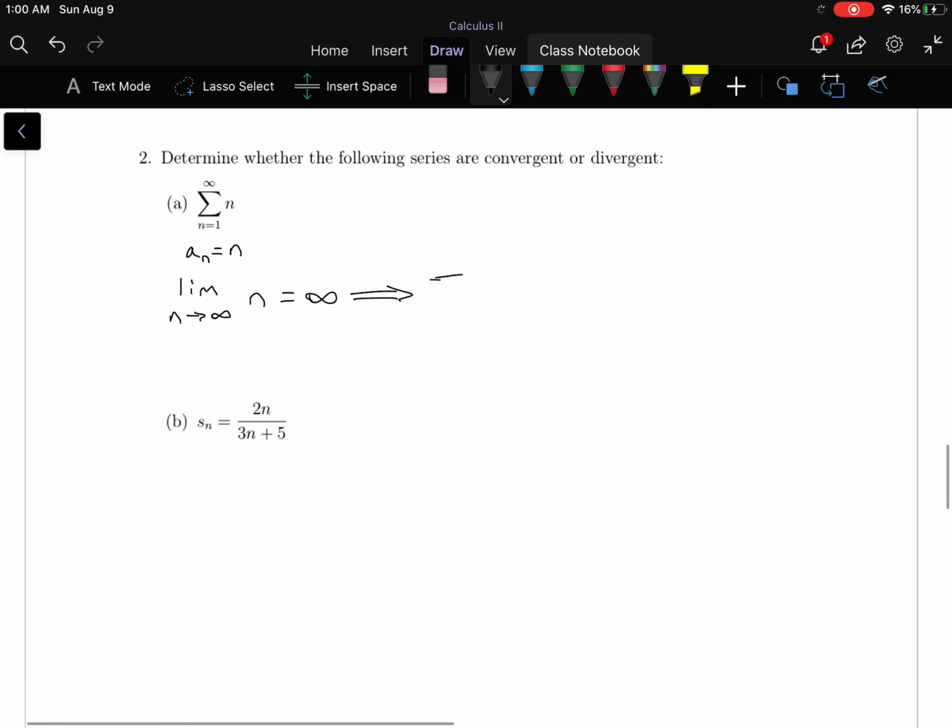And so we know that the sum as n goes from 1 to infinity of n diverges by the test for divergence.